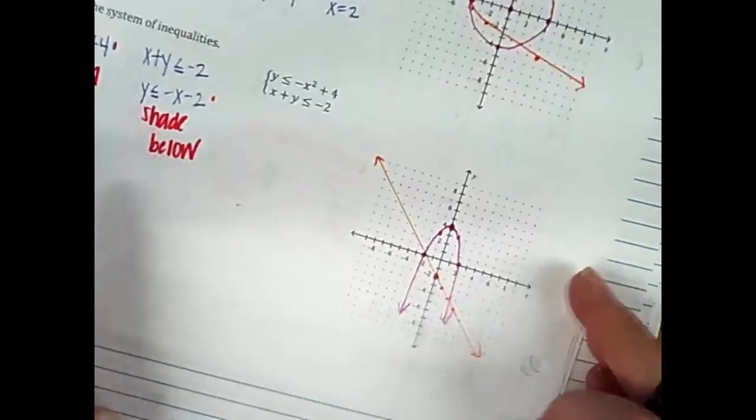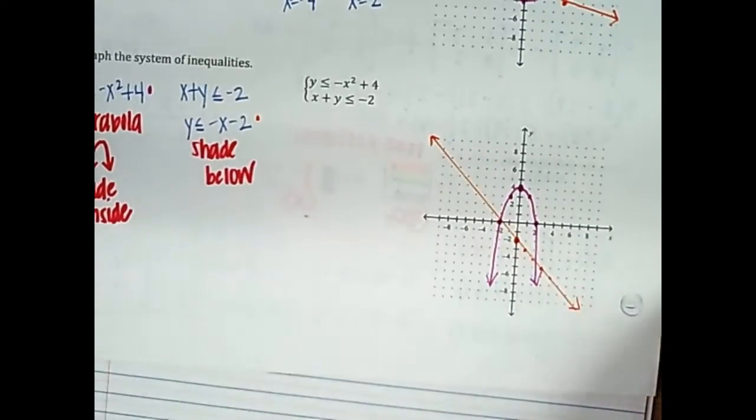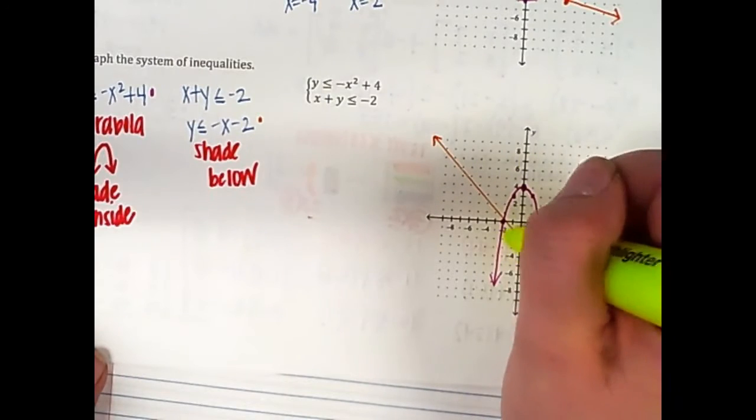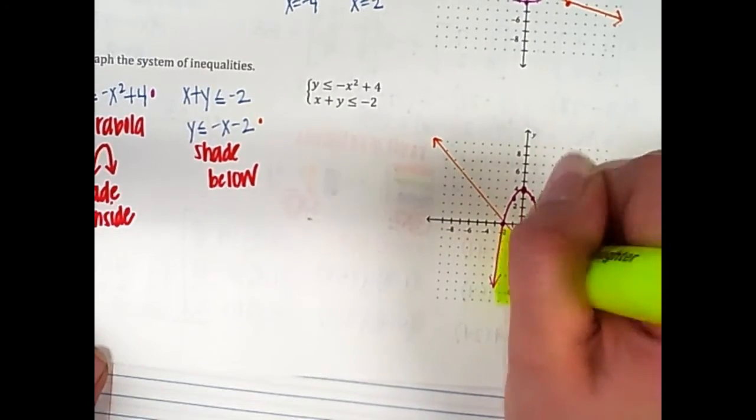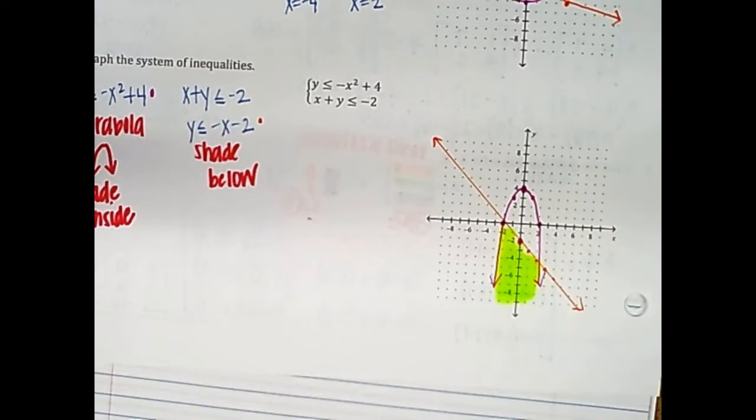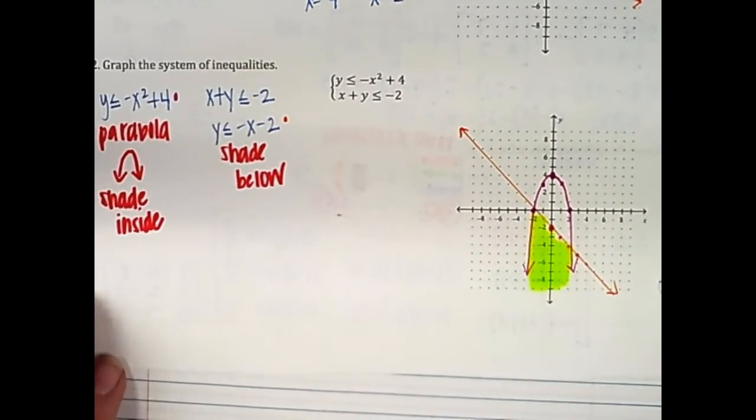Now once I have it, I just have to find my common shading area. I am shading below my line and inside my parabola. So below my line and inside my parabola would actually be all of this region here. And that is it for number 12.